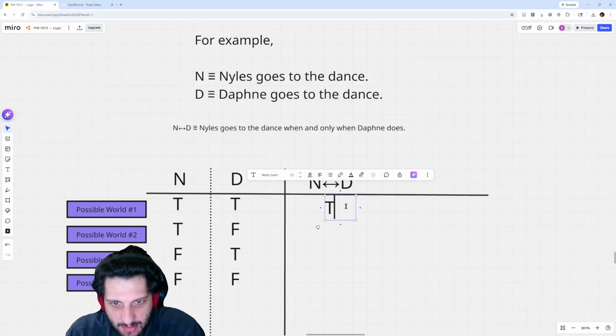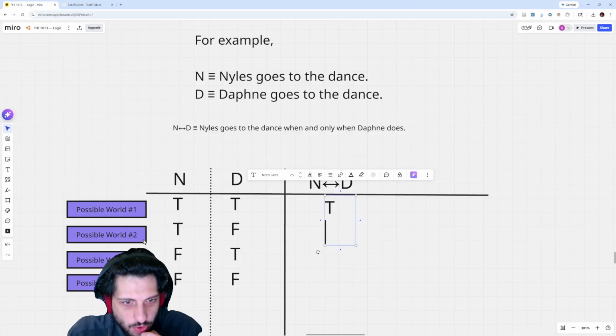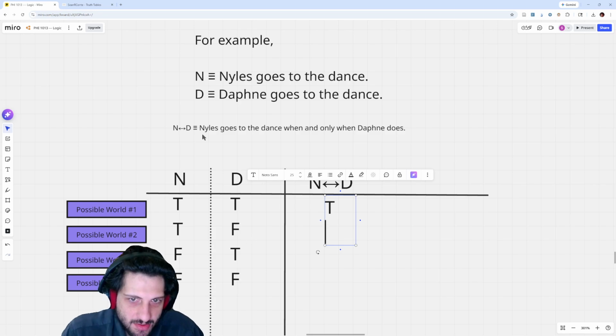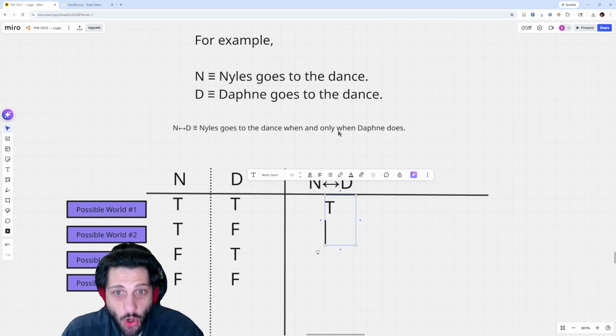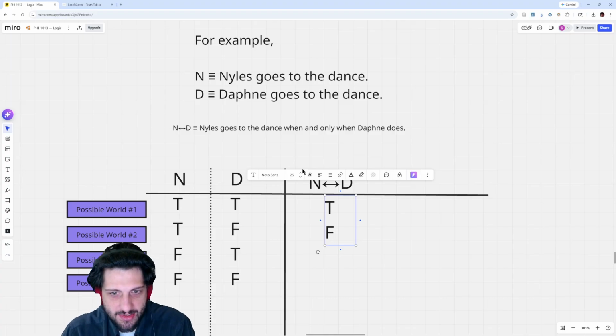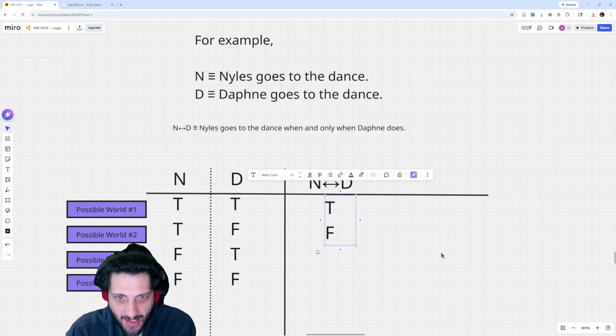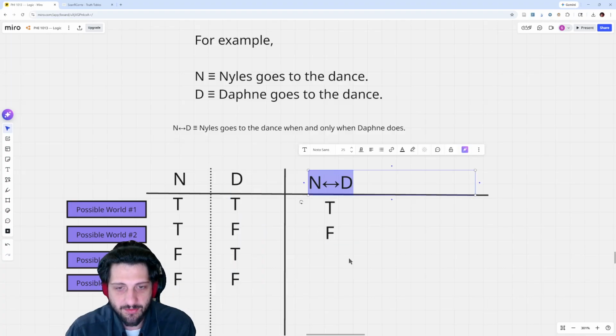Now suppose instead, in World 2, you see Niles at the dance, but you do not see Daphne. Then you would say it's wrong to say Niles goes only when Daphne does. Maybe it's true he goes when Daphne does, but he doesn't only go when Daphne does. Apparently he's going at other times, even when Daphne's not there. So in this second world where Niles goes but Daphne doesn't, it's wrong to say Niles goes if and only if Daphne does.